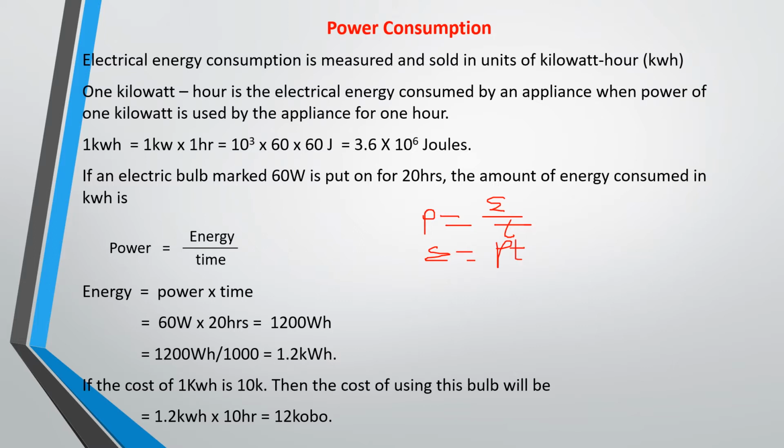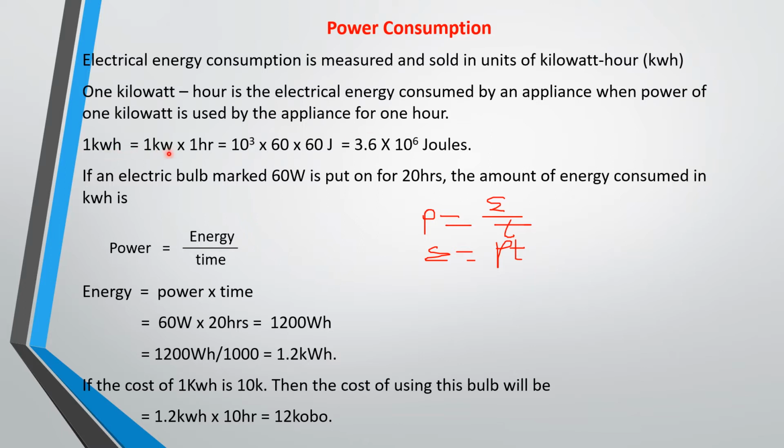When you consume energy, like in Nigeria, we have the power holding company that charges per energy consumption per hour. So 1 kilowatt hour is the electrical energy consumed by an appliance when a power of 1 kilowatt is used by the appliance for 1 hour.